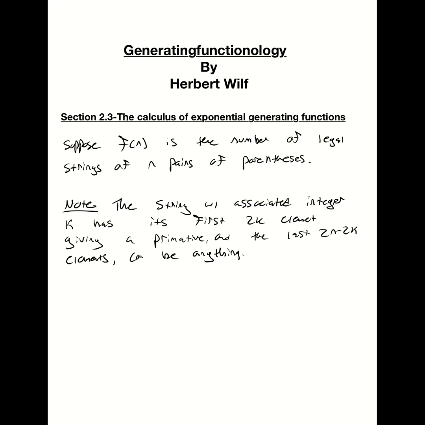And that means that the last 2n minus 2k elements have to be legal strings at the very least. They're just legal strings, so our function f up here actually counts that.